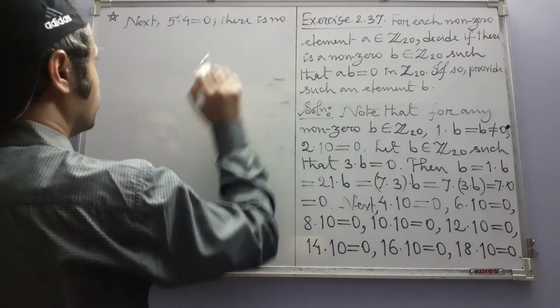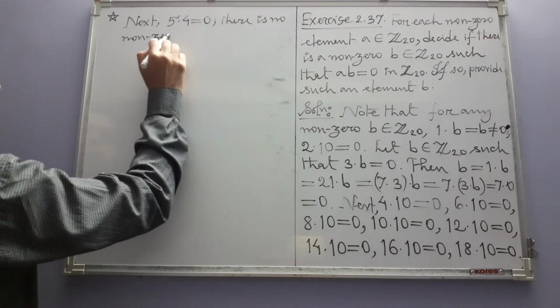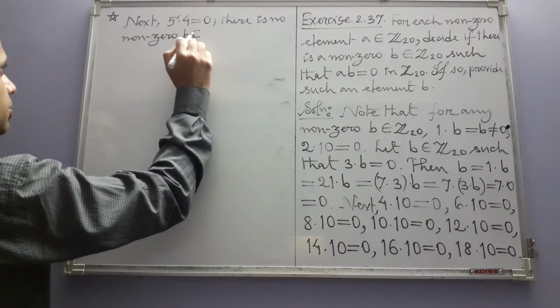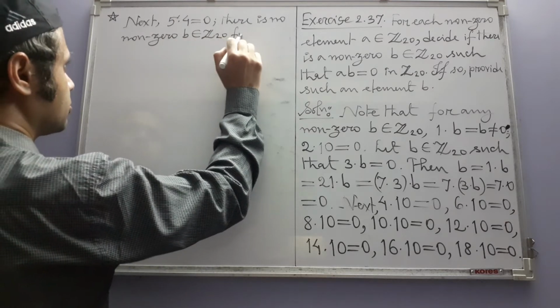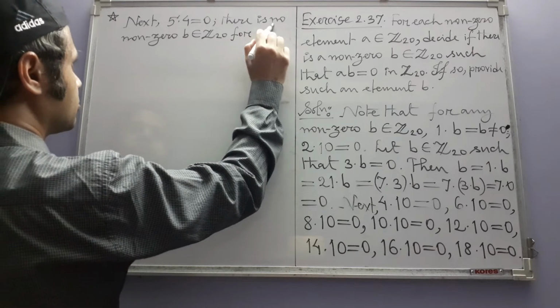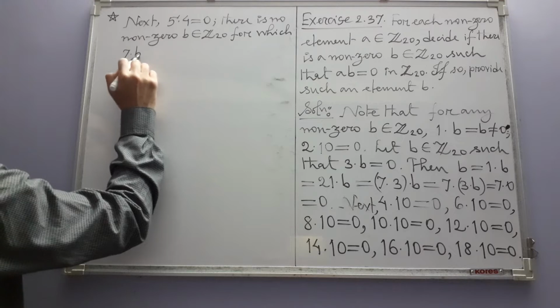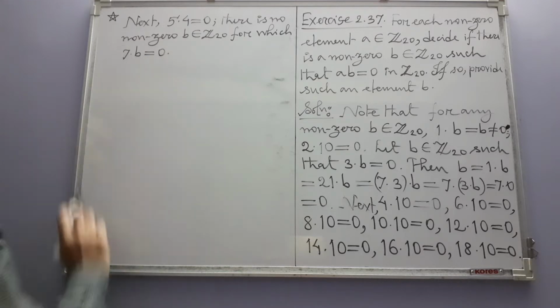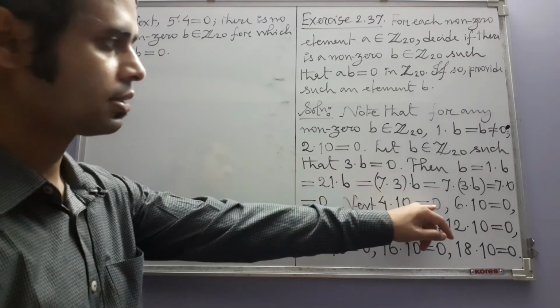There is no non-zero b in Z20 for which 7 times b is equal to 0. That we can directly say because of this calculation.